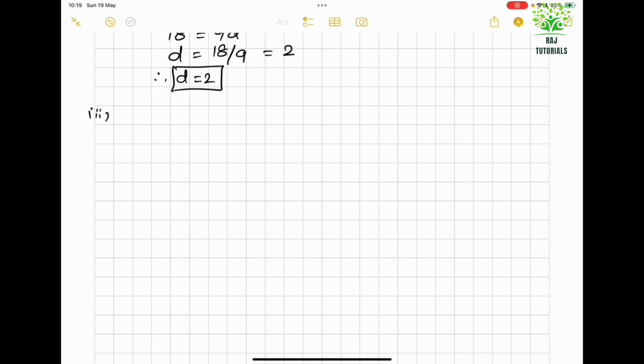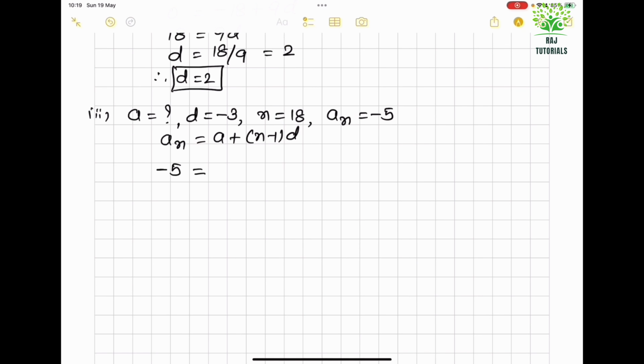The third one says A is not given to me. D is minus 3, N is 18, and AN is minus 5. Again, the formula is the same, AN equal to A plus (N minus 1) D. Now I am putting the values. AN is minus 5, A I am not given, N is 18, so 18 minus 1 into D, which is minus 3.